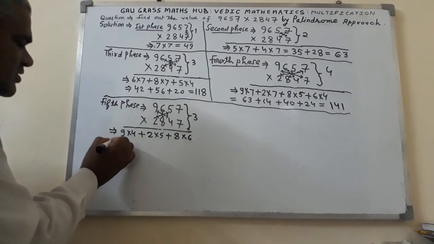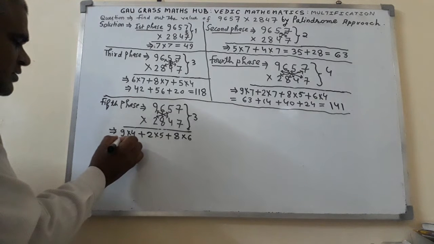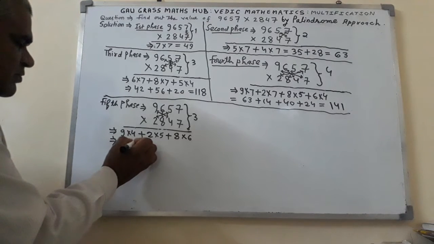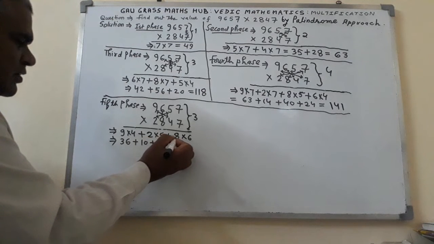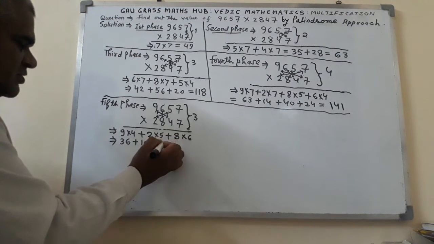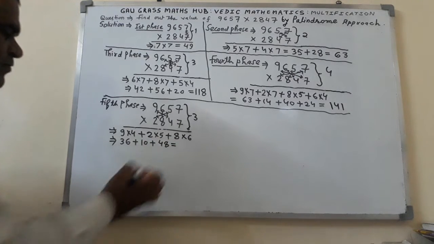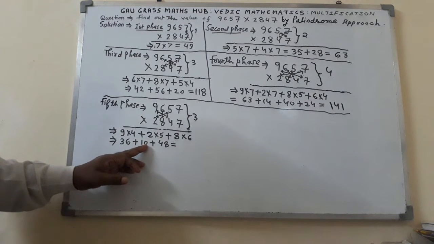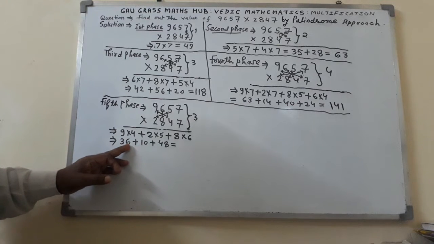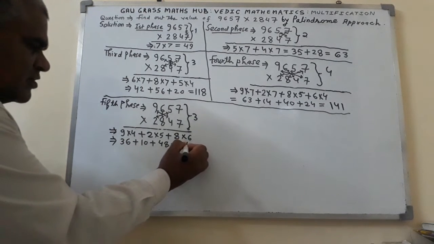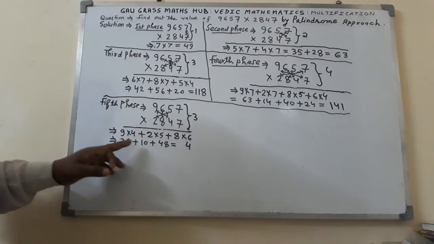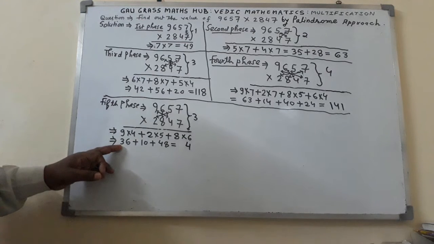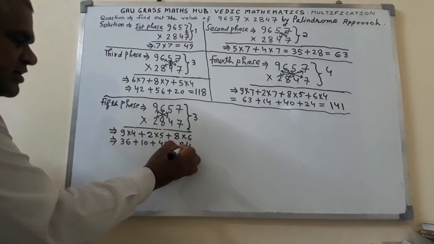So we will get here 9 4s are 36 plus 10 plus 8 6s are 48. So you will get here 8 plus 0, 8, 8 plus 6, 14, carry 1, 4 plus 1, 5, 5 plus 1, 6, 6 plus 3, 9. So here you have got 9.